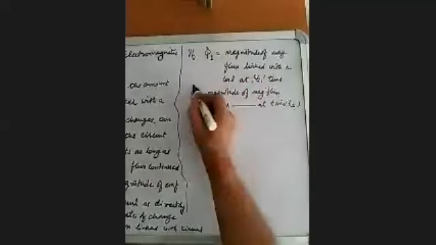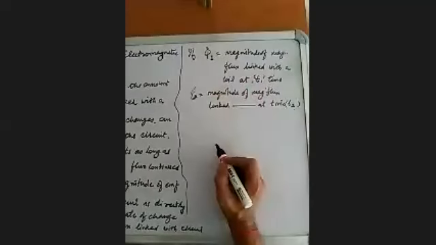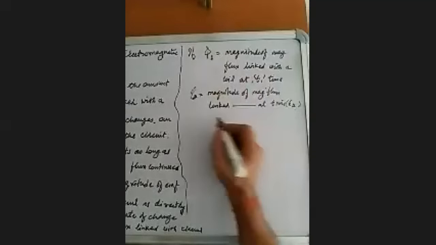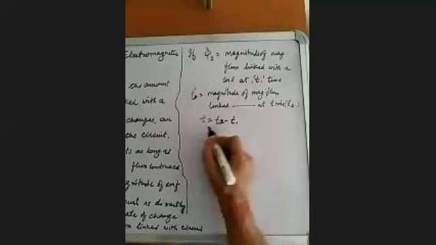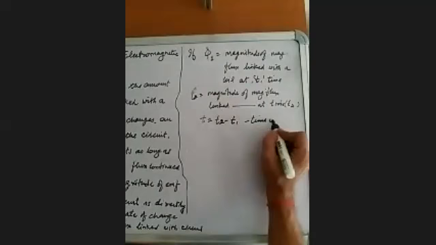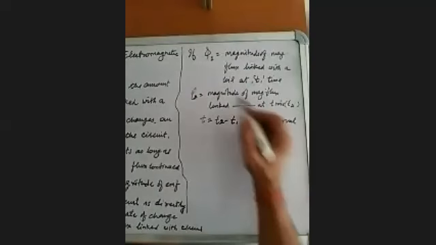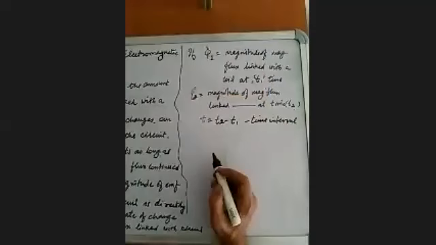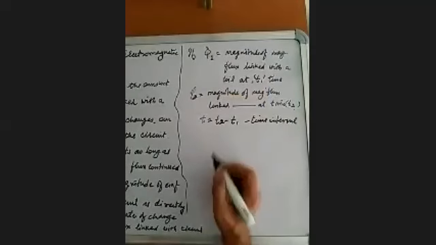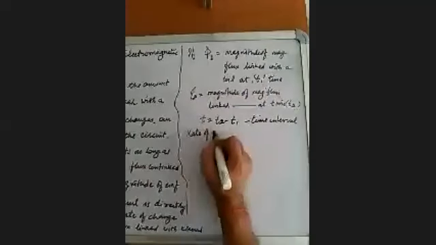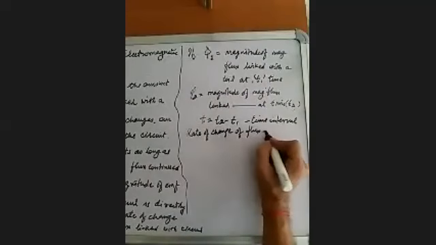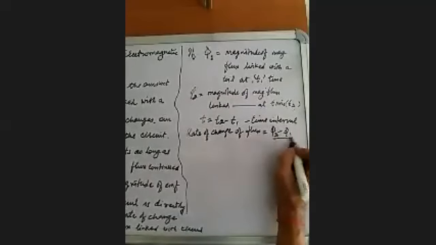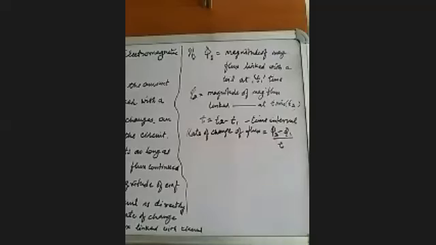So now the change in flux will be phi2 minus phi1, and let's say t is equal to t2 minus t1, that is the time interval in which the flux has changed from phi1 to phi2. Then the rate of change of flux will be (phi2 minus phi1) divided by t.